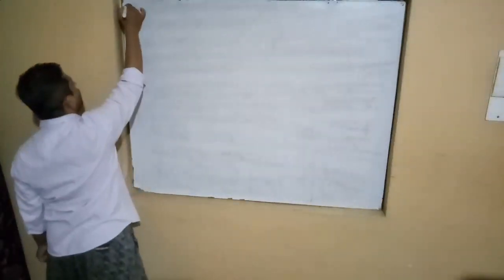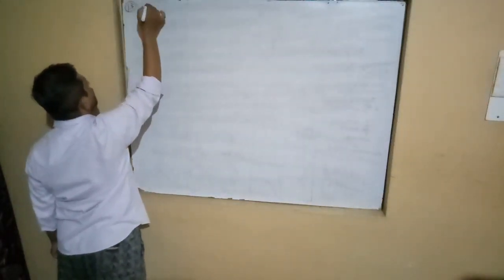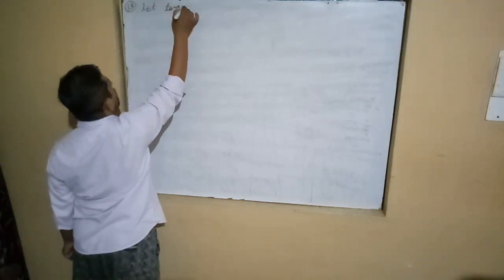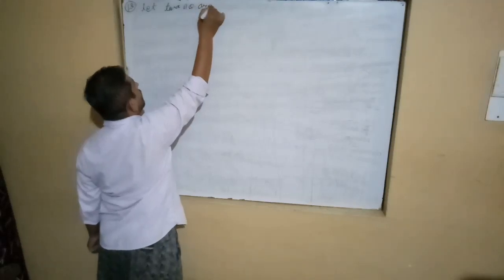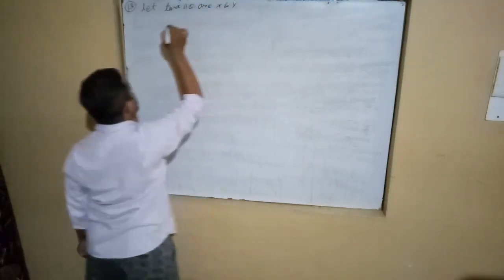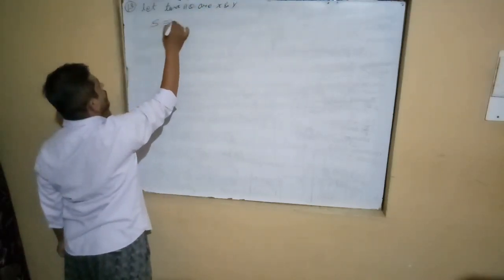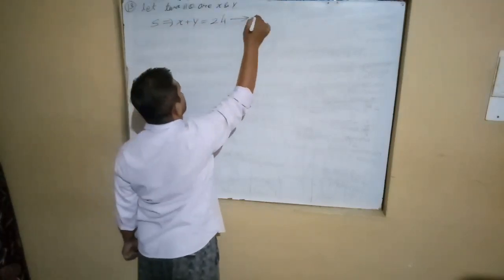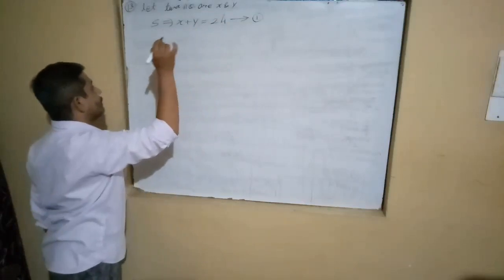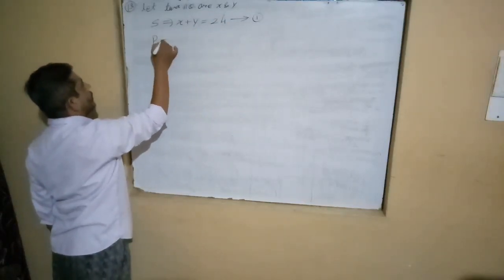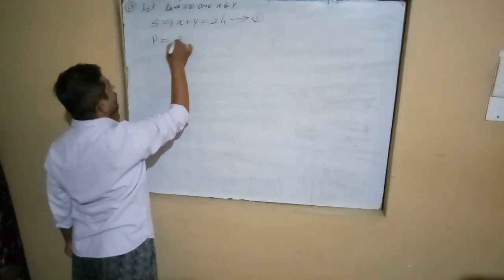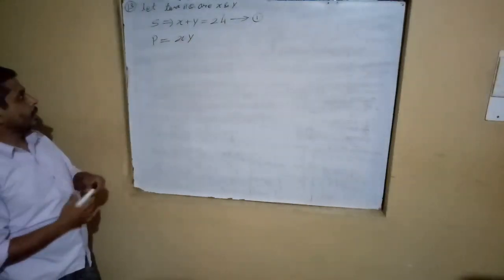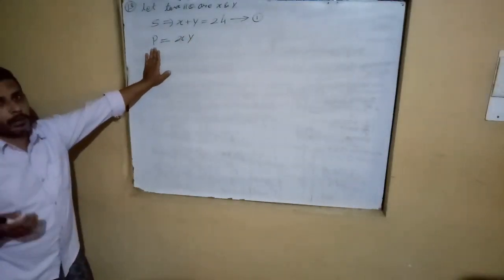So 13, we let two numbers be x and y, therefore sum is given, x plus y is equal to 24. This is our equation number first. And if we talk about the product, x into y. So here we have to maximize the product.